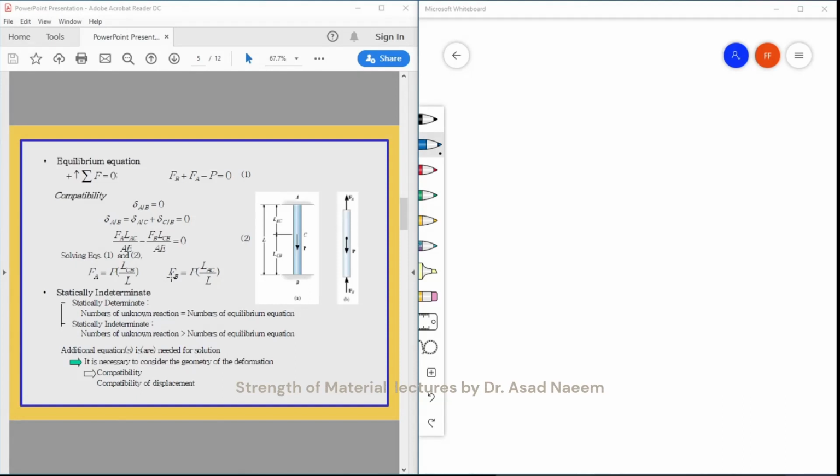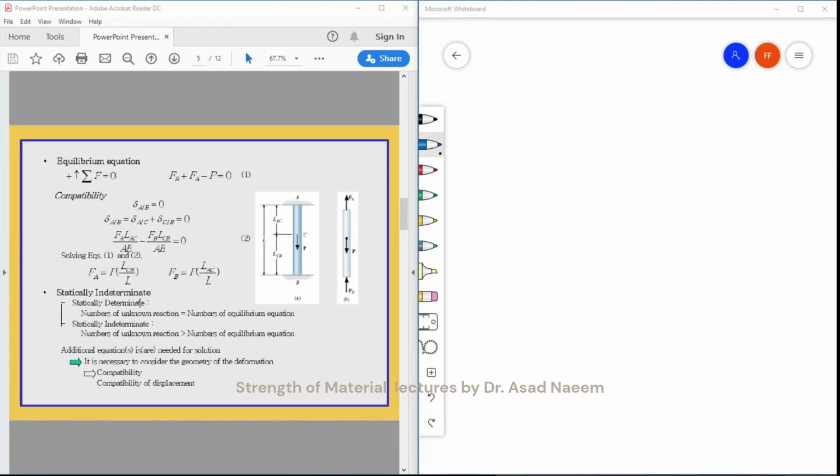So this is called the compatibility equation or deformation equation, because it makes compatibility with the equilibrium equation and the deformation that the structure undergoes relating to the loads and the reactions with the slope and displacement. So in this, we can calculate the deformations or displacements, and from them we will make equations, and then we can simply put them back into the equations and calculate our reaction forces.